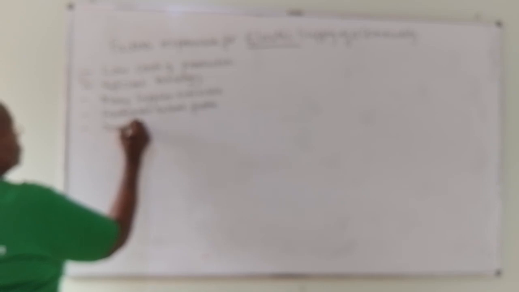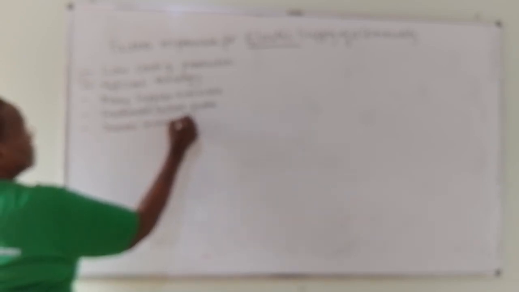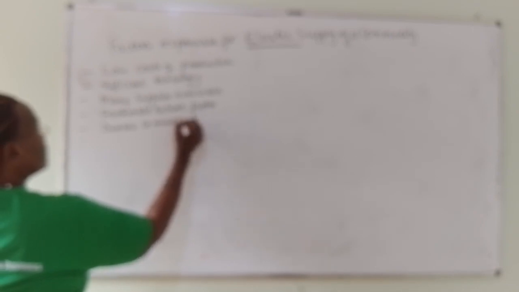Then we also have the durable goods, durable commodities. We have seen that their supply is elastic.